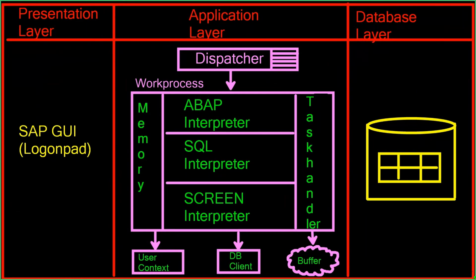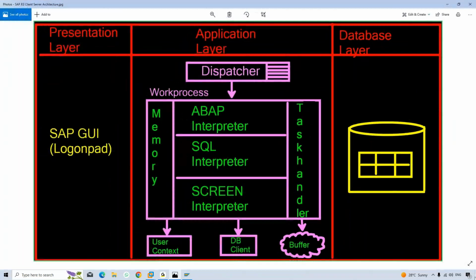Okay, so this is the R3 architecture, very important. If you are attending up to 3 years of experience, definitely this is a main interview question. Here the main thing is the work process.